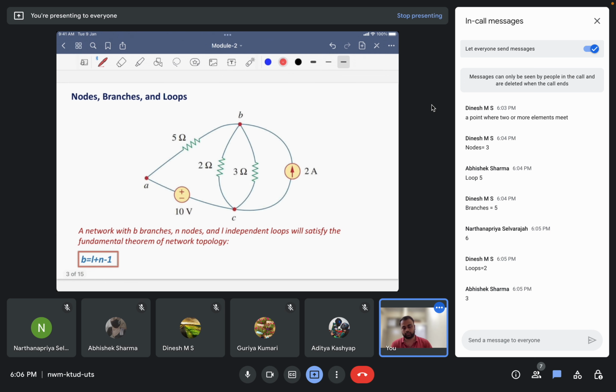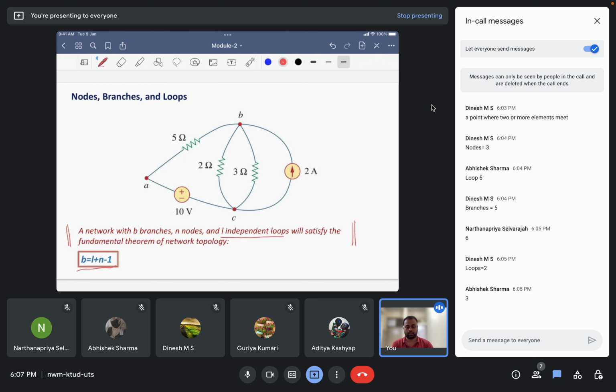There is a typical theorem in network circuit theory that a network with B branches, N nodes and L independent loops will satisfy the fundamental theorem of network topology, that is B is equal to L plus N minus 1.